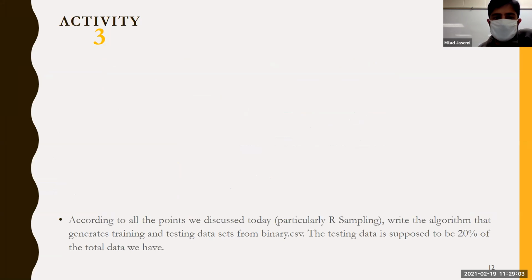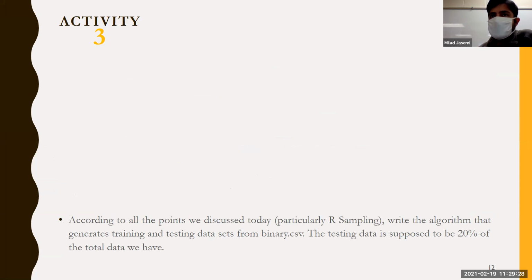Let's go for activity 3. According to all the points we discussed today, particularly R sampling, write the algorithm that generates training and testing data sets from binary.csv. Be advised, it doesn't need you to write the code.